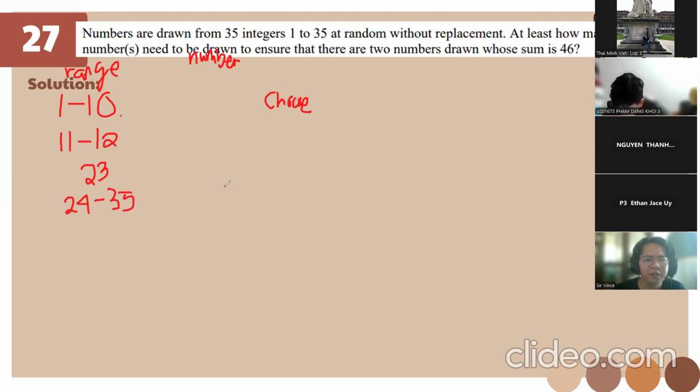So just choose 10 here, choose 12 here, choose 1 and choose 12. Then if we add them together, we'll have 10 plus 12 plus 1 plus 1.